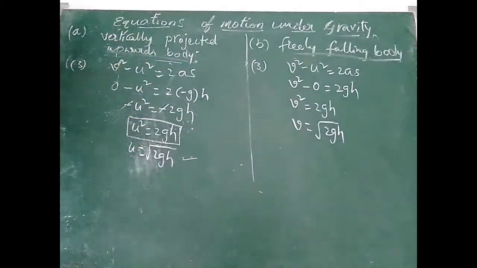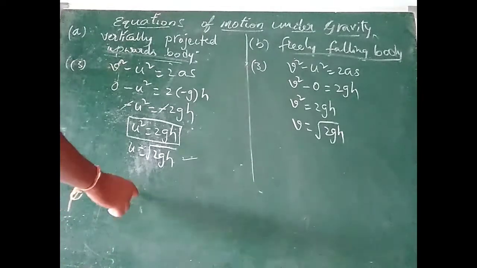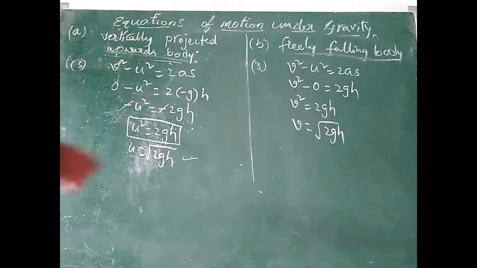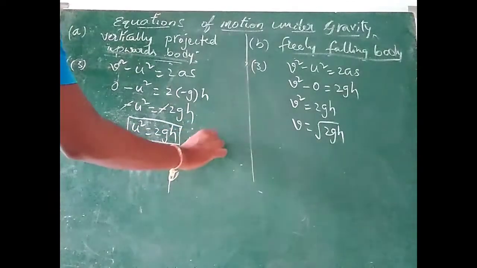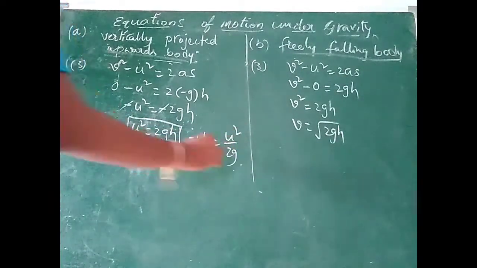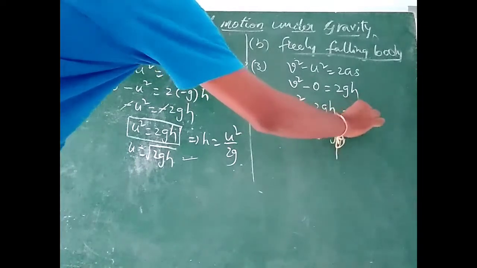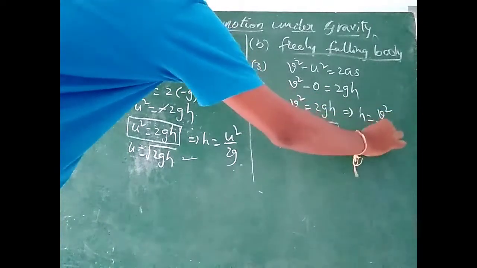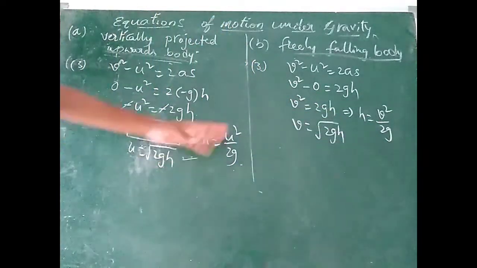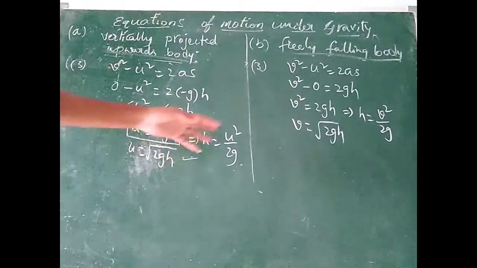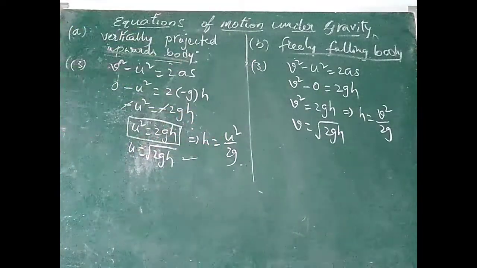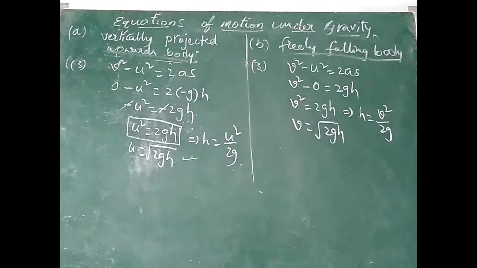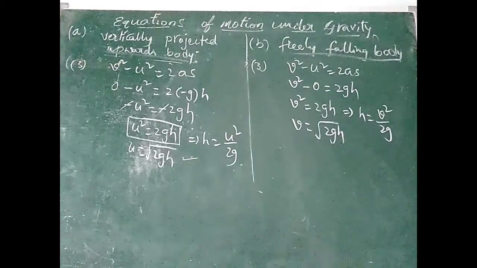In the second equation of motion, u square is equal to 2gh, so h is equal to u square by 2g, and here h is equal to v square by 2g. Both are the same, but one is the initial velocity and the other is the final velocity. Is it clear to everyone?